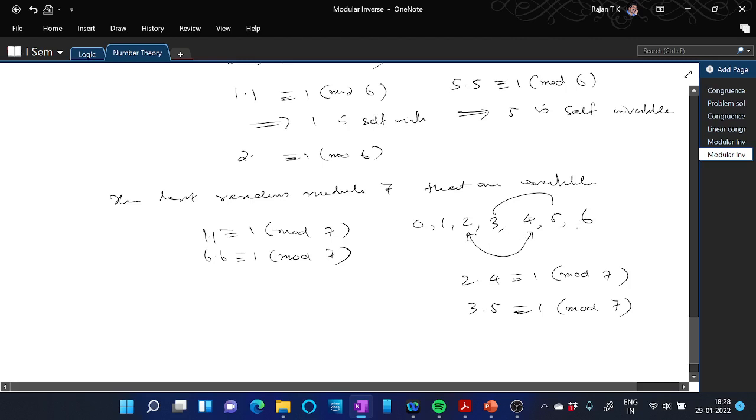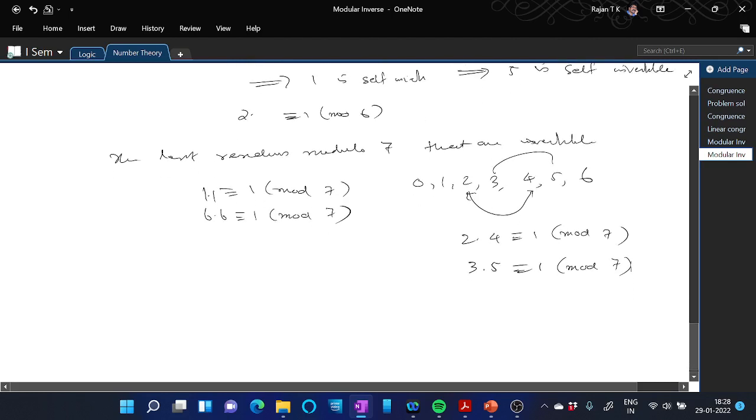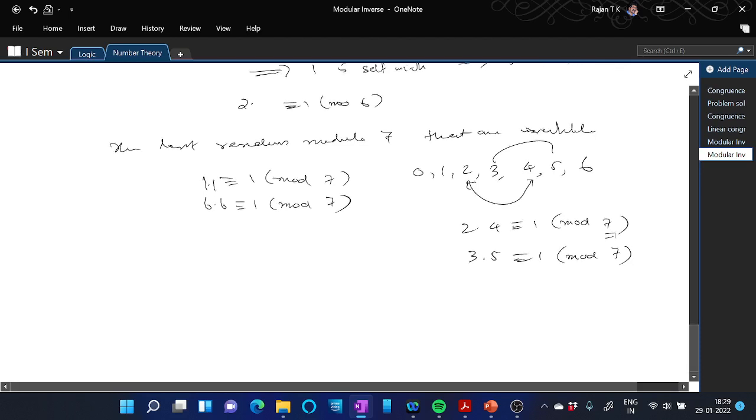Among these, 1 and 6 are self-invertible and the others are pairwise invertible. We will study a property of such things later when p is a prime number. Here 7 is a prime number, so we will be seeing this in Wilson's theorem. In that section we will be discussing it.